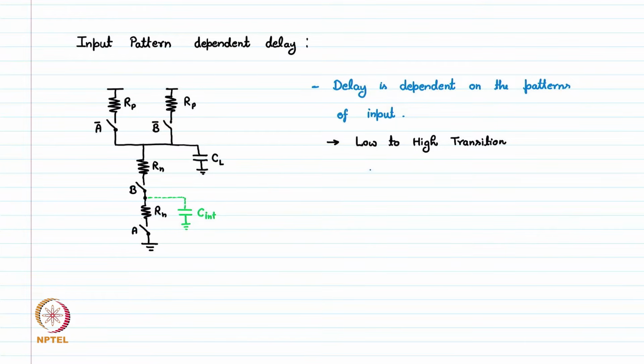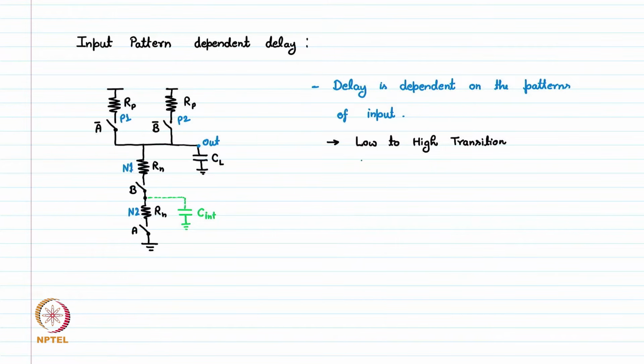For going from low to high transition at the output node, we can have two cases. One is when both inputs go low. Let's say we call the PMOS transistors P1 and P2, and the NMOS transistors N1 and N2.